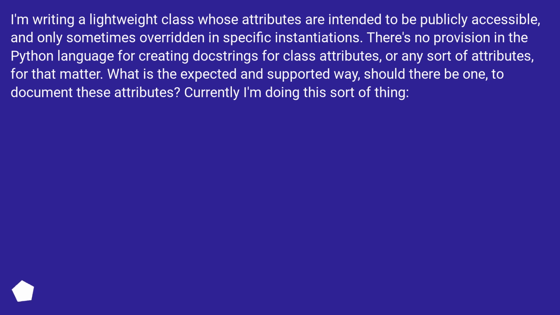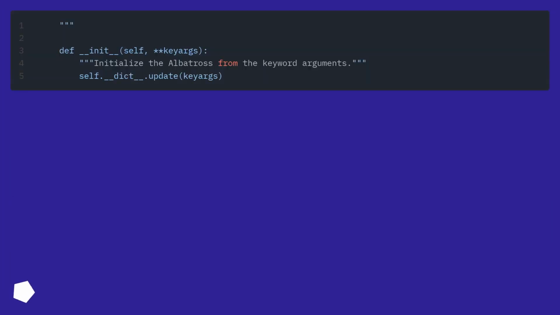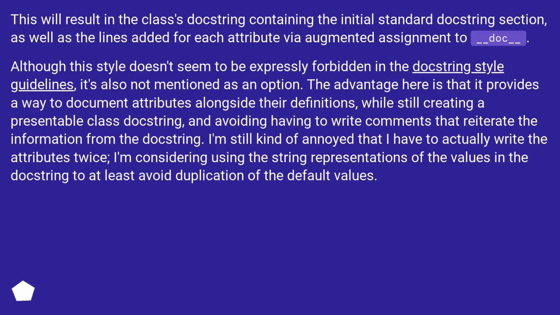Currently I'm doing this sort of thing. This will result in the class's docstring containing the initial standard docstring section, as well as the lines added for each attribute via augmented assignment to __doc__.